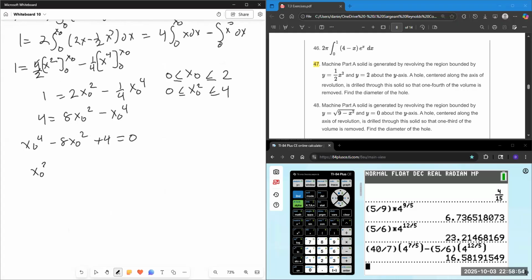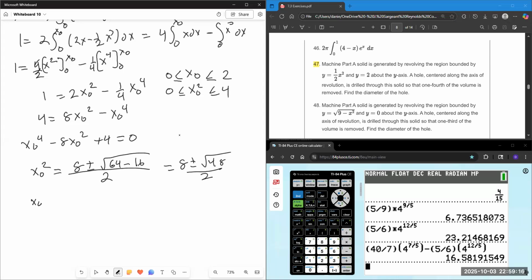So x naught squared is going to be equal to, I'm going to use my quadratic formula, 8 plus or minus the square root of b squared is 64, minus 4ac, that's 16, over 2 times 1, that's 2. It's 8 plus or minus root 48 over 2.